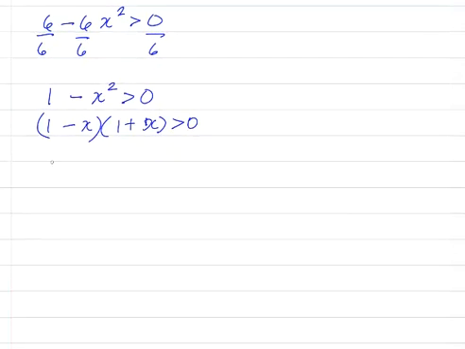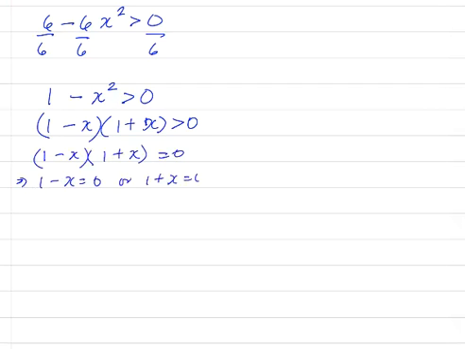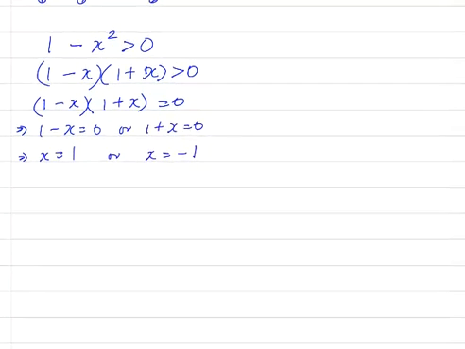So now I need to get my critical values. 1 minus x multiplied by 1 plus x is equal to 0. Therefore, 1 minus x is equal to 0, or 1 plus x is equal to 0. Therefore, x is equal to 1 over here, or x is equal to minus 1 over here. So those are my critical values.